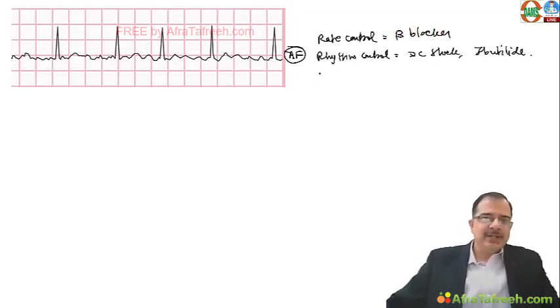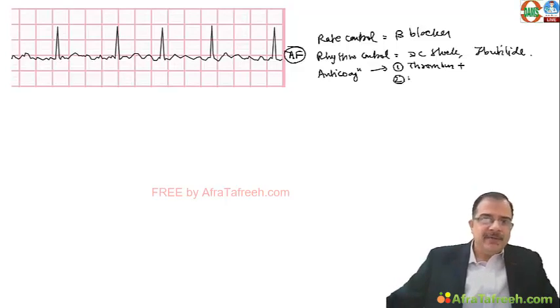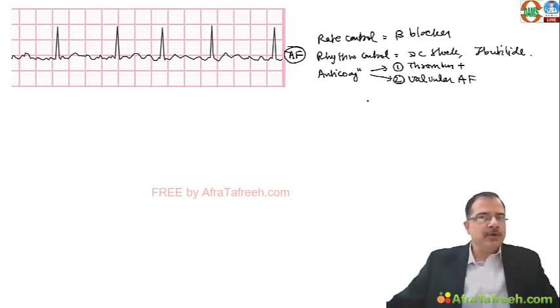The important question coming these days in AF is: what is the indication for giving anticoagulation therapy? Anticoagulation should be given if thrombus is positive. In cases of valvular AF, even if thrombus is not present, anticoagulation is given.